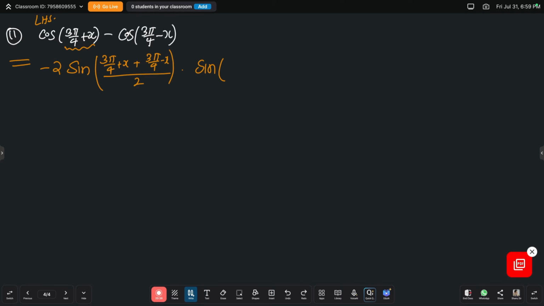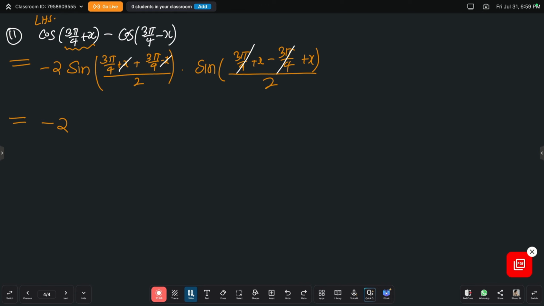So C minus D is 3 pi by 4 plus x minus 3 pi by 4 minus x, where minus and minus multiply to plus x. Now this x cancels, and 3 pi by 4 upon 2 is also there.